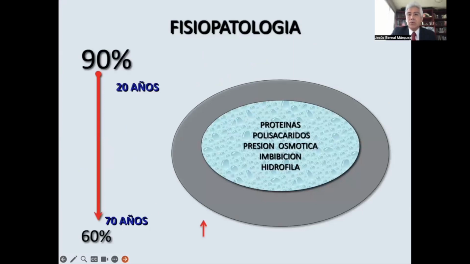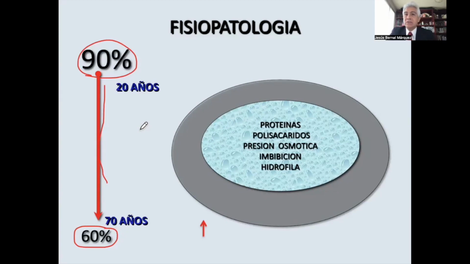But it is not like that our whole lives. When we are approximately 10, 15, 20 years old, 90% of water is conserved within the nucleus pulposus. But as we advance in life, from the age of 70 onwards, under normal conditions, only 60% of water is found. So we are talking about physiological dehydration within the intervertebral disc.